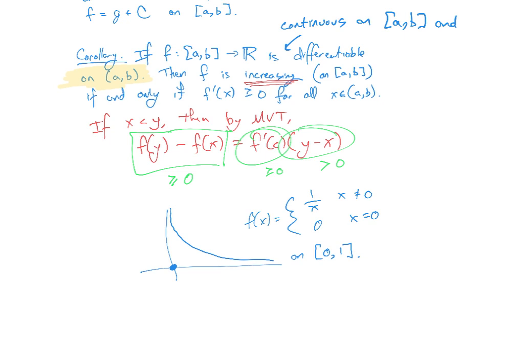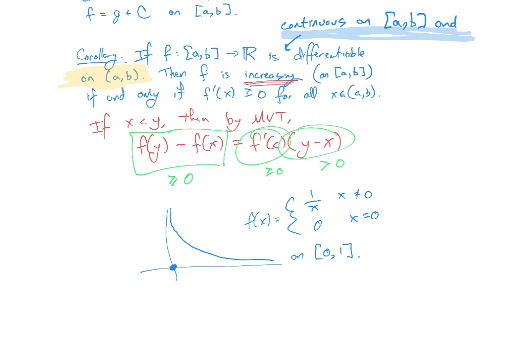Just a slight correction after class ended. I messed up the hypotheses on this theorem. The function needs to be continuous on the closed interval in order to get the conclusion.